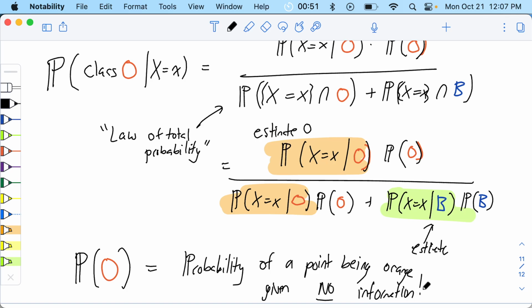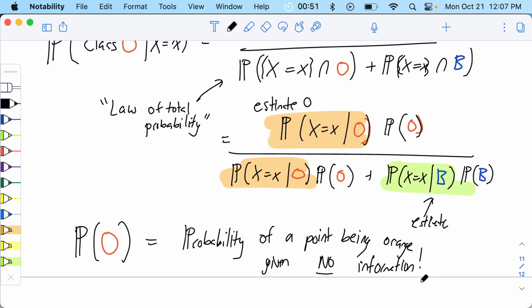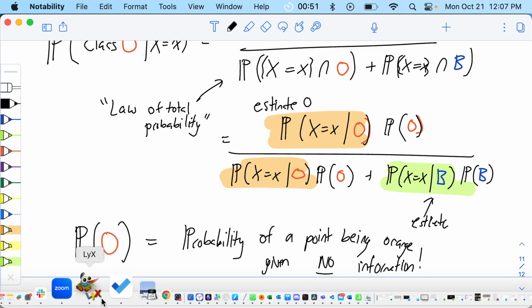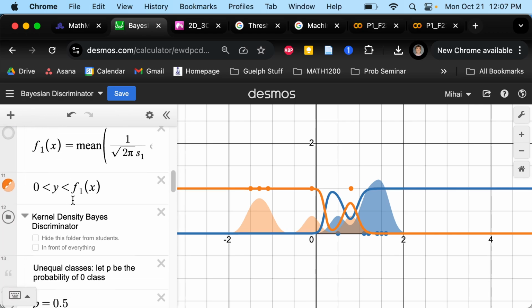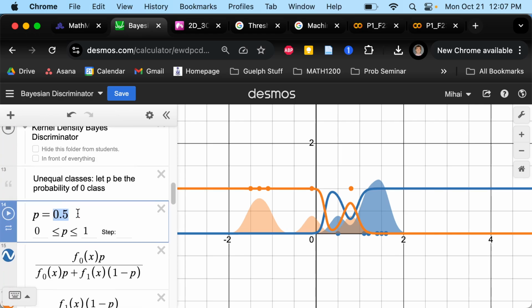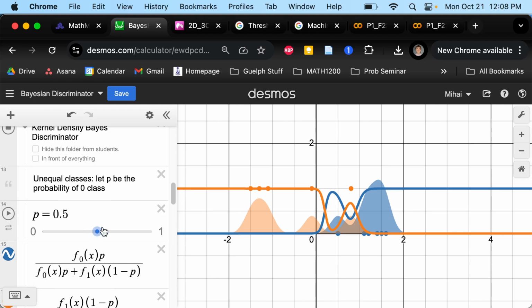So we're not given any x values at all. That's like saying, before you see the x value, what is the probability of it being orange? In this situation, I set that to 0.5. If I don't know anything about a point, it's equally likely to be orange or blue. But in Bayes' theorem, you can set this prior probability to anything you want.